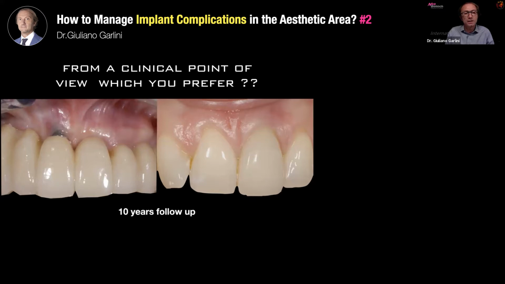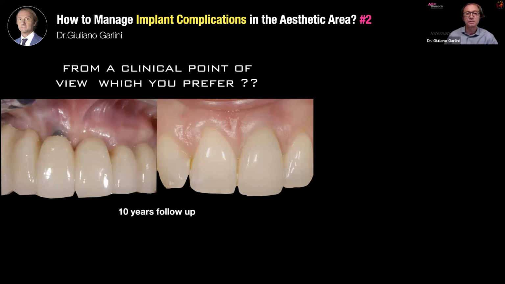Do you prefer to be in the situation on your left, where we have a right central incisor, a smaller section, and a very small amount of keratinized mucosa over the implant after 10 years follow-up, or do you prefer to be in the situation that you see on your right, where we have an implant in the left central incisor and we have a great amount of keratinized mucosa?